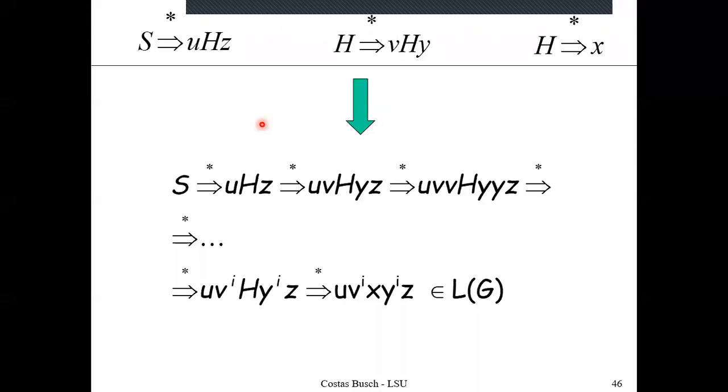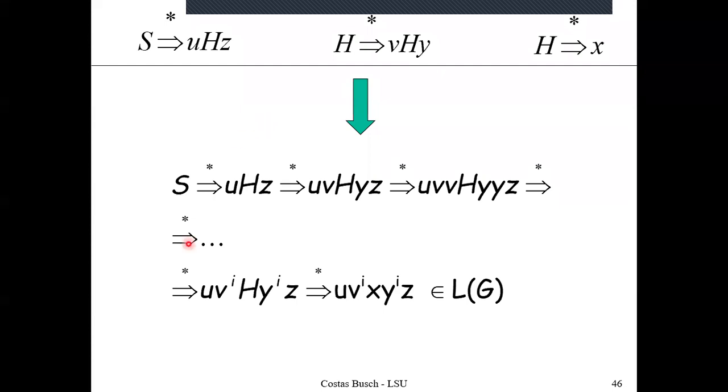So once the epsilon productions and the unit productions are removed, and I am doing something in the sentential forms, at each level of substitution, the length of the sentential form is always going to increase. I repeat myself. Whenever you are performing a substitution in a sentential form, the length of the sentential form is always going to increase.